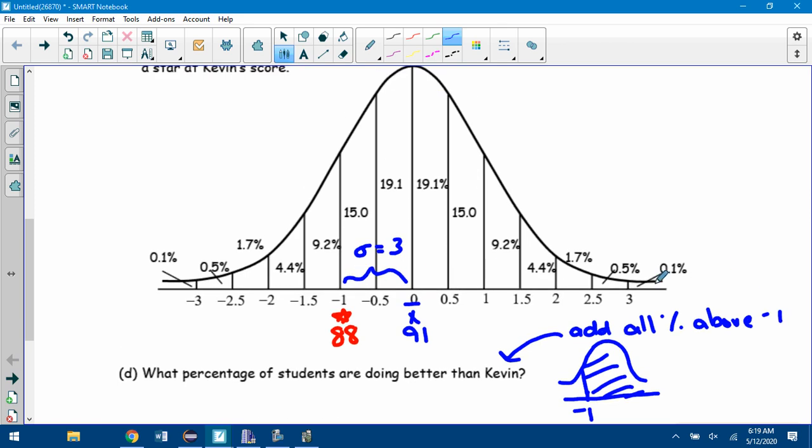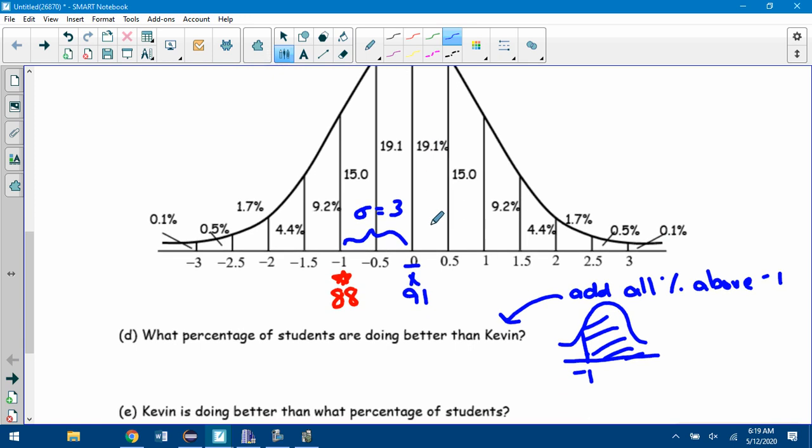So all of these get added. So 15, 19.1, 19.1, all the way through. So 15 plus 19.1 plus 19.1 plus 15 plus 9.2 plus 4.4 plus 1.7 plus 0.5 plus 0.1.